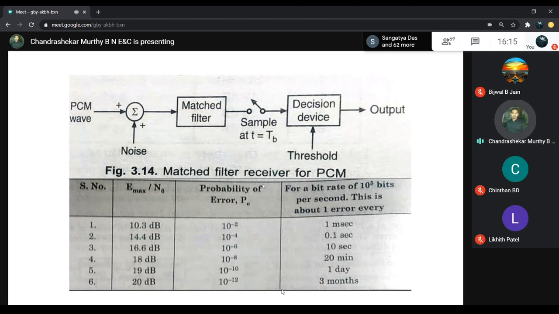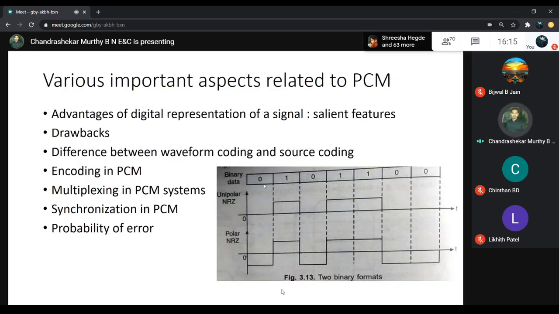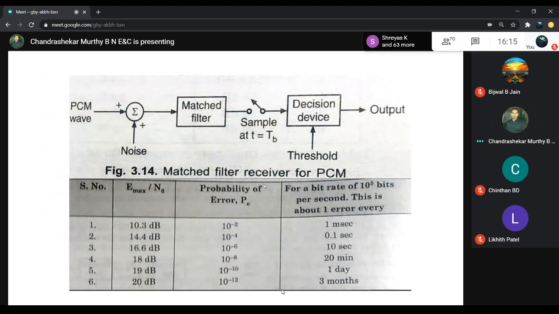So this is a brief introduction to pulse code modulation and uniform quantization. Next class we'll discuss non-uniform quantization.